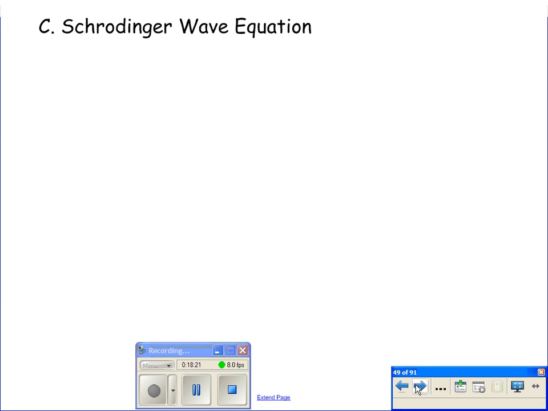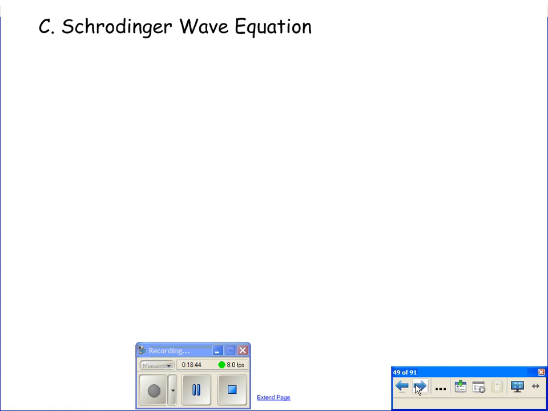The next scientist that we see that comes up in the creation of the model of the atom is Schrodinger. You've probably heard him referenced if you've ever watched Big Bang Theory or anything when they talk about Schrodinger's cat. Well, that's the same person.